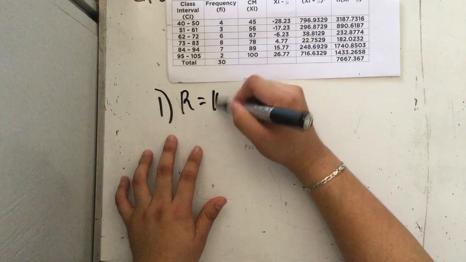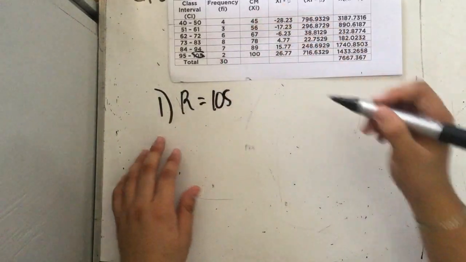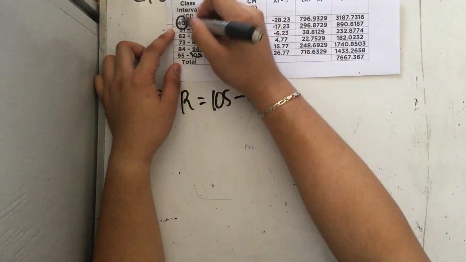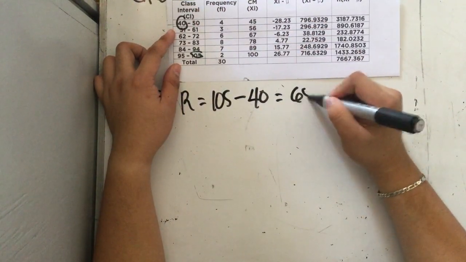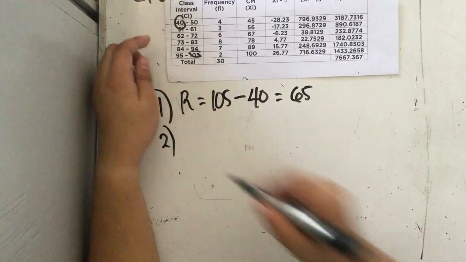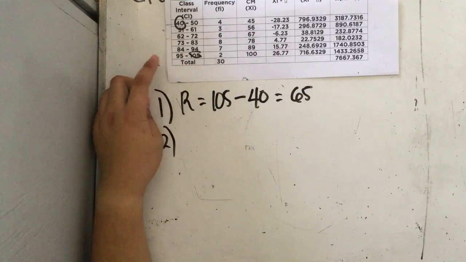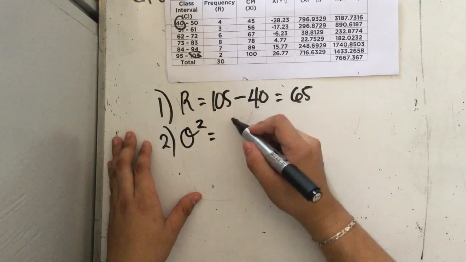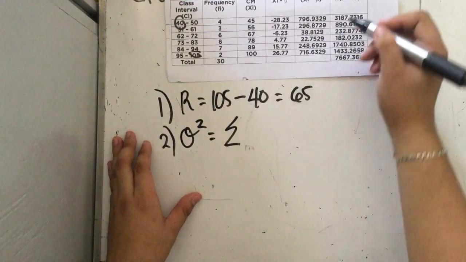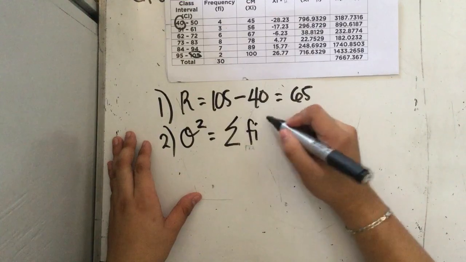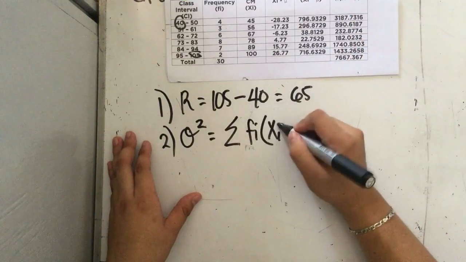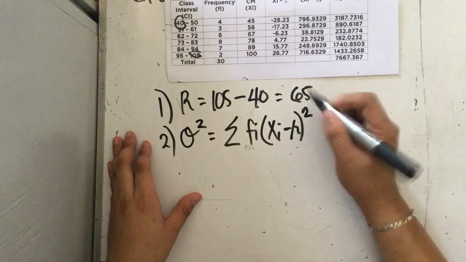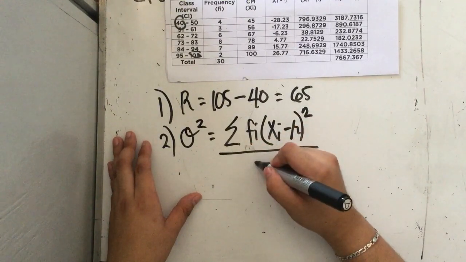We have 105 minus our lowest value, which is 40. Then we have 65. Next, after getting the range, we have to get the variance. Okay, so actually our variance is equal to the summation of our f of I times x sub I minus mean square over our n.